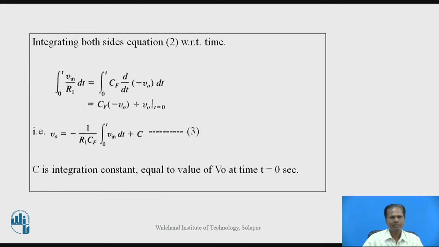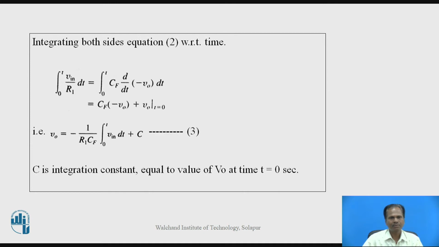Now integrating both sides of equation number 2 with respect to time, integration of Vin upon R1 with respect to time for a time interval 0 to t seconds is equal to the integration of Cf into derivative of minus Vo upon dt into dt for an integration time interval 0 to t seconds.